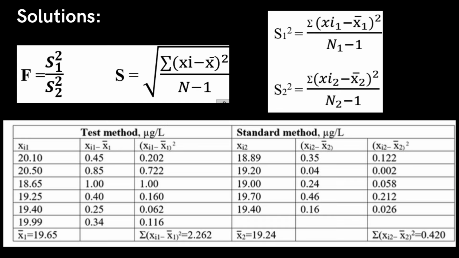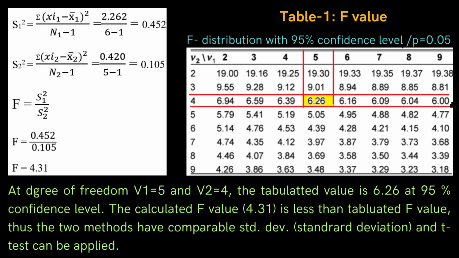the summed value is 0.420. Here, the summed value of xi1 minus x1 bar whole to the power 2, divided by n1 minus 1, is put into the formula, which will be 2.262 divided by 6, the number of observations for the first method, minus 1, which further solving becomes 0.452.